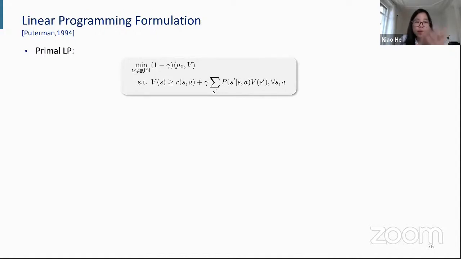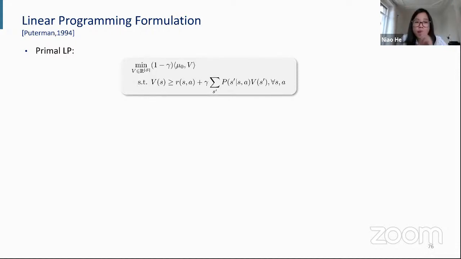Another different approach is using the linear programming reformulation for Markov decision processes. In any textbook on reinforcement learning, you will be able to see this type of primal and dual linear programs for MDPs. Particularly, the primal linear program is given as the following, right?